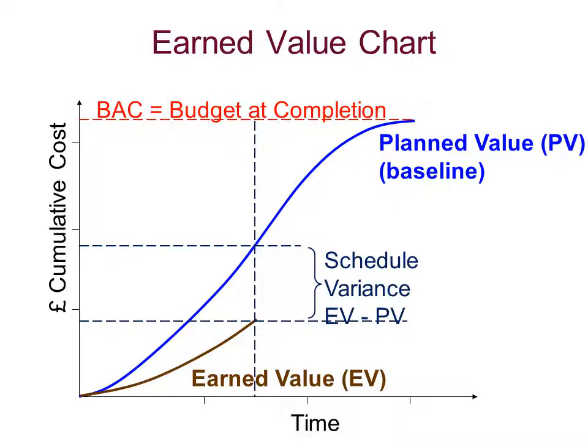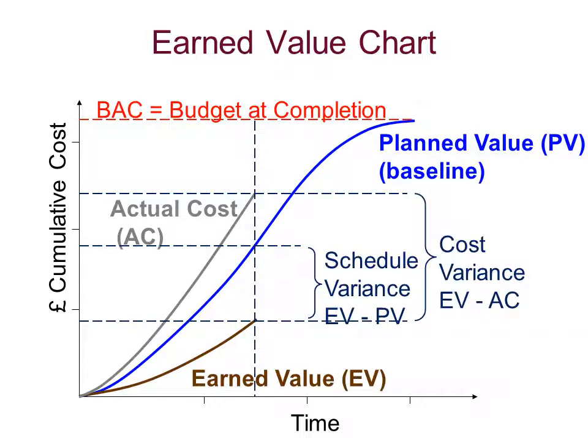Then we have an actual cost. And the cost variance, how much we planned to spend against how much we have spent, is earned value minus actual cost. So both of these, schedule and cost variance, which are the two things we're looking at, are always earned value minus something, either planned value or actual cost.